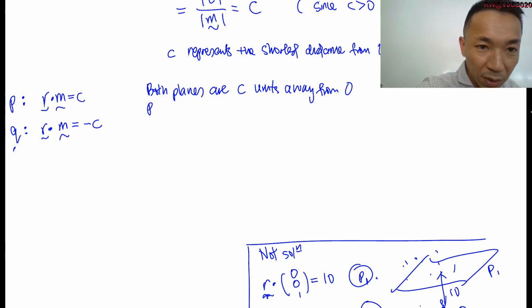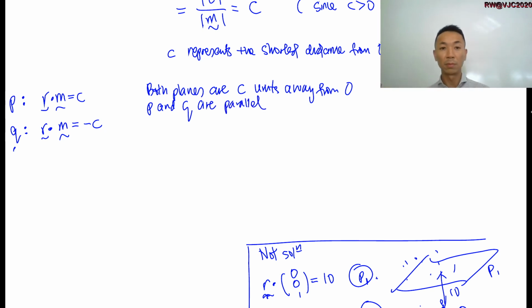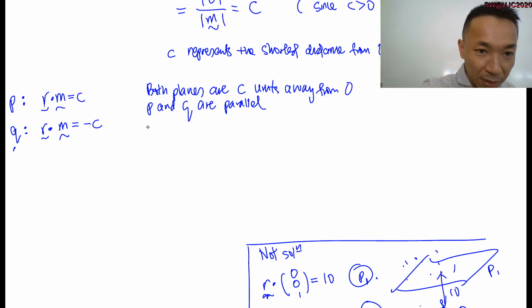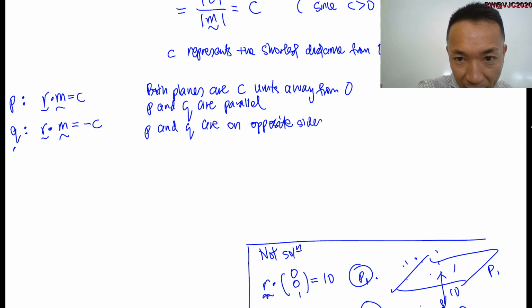And P and Q are parallel. Correct? They are parallel and c units away. And they are on opposite sides of the origin.